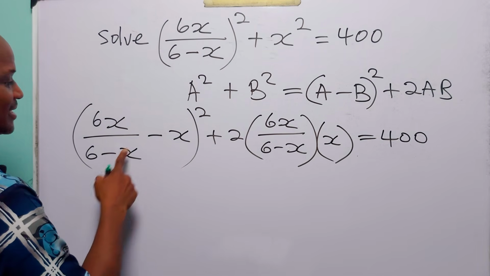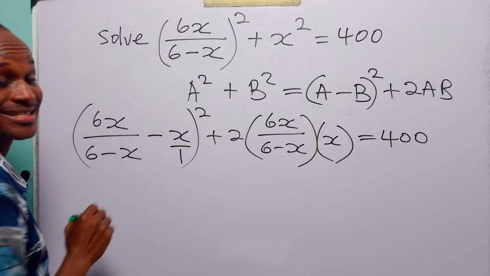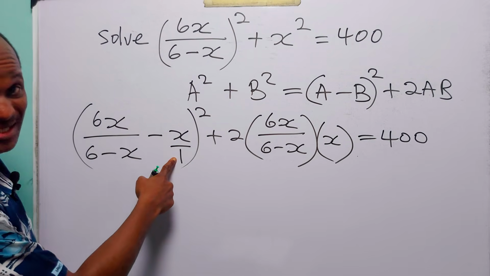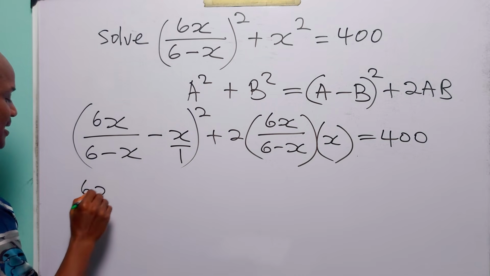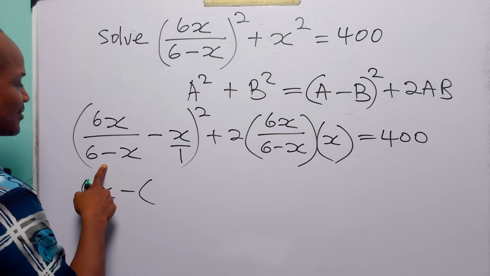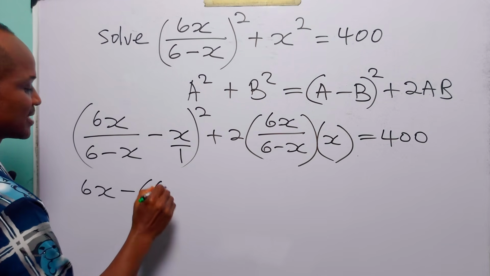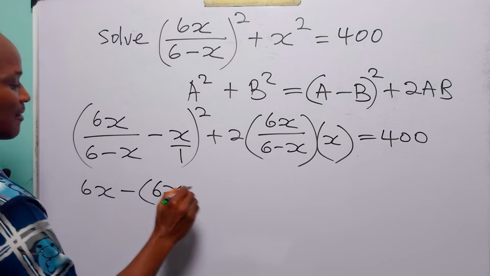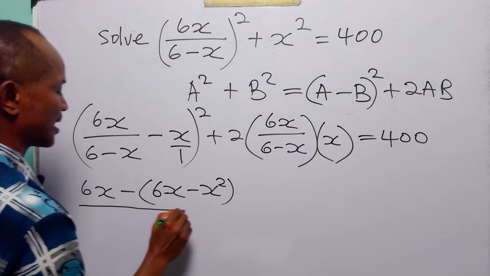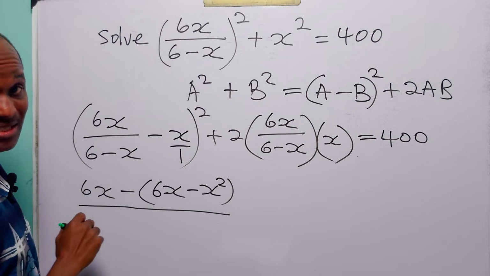Now let us combine these two fractions into one single unit. Of course, you know that x is x over 1. 6x times 1 is 6x, minus 6 minus x times x is going to give us 6x minus x squared. And now in the denominator we have 6 minus x times 1.